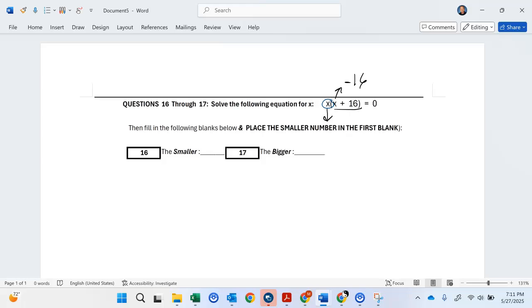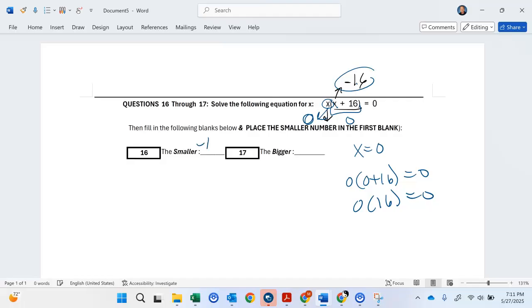So if x is equal to 0, then this would be 0 times 0 plus 16 equals 0. 0 times 16 equals 0. So either x could be negative 16, that would make this 0, or this 0 would just be only 0. So the smaller number again is negative 16, the bigger one is 0.